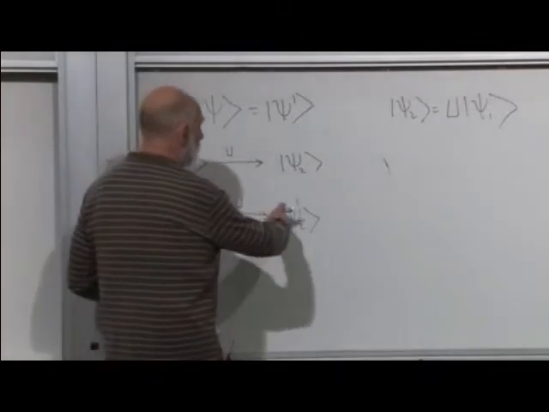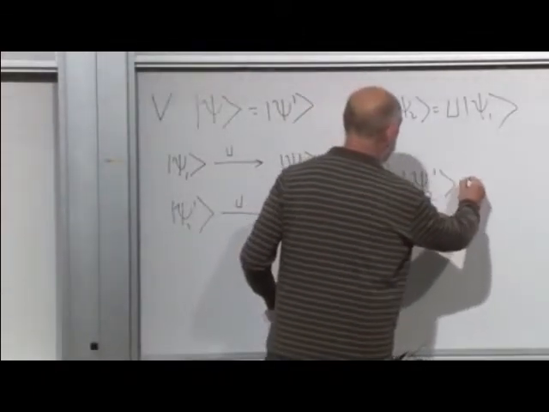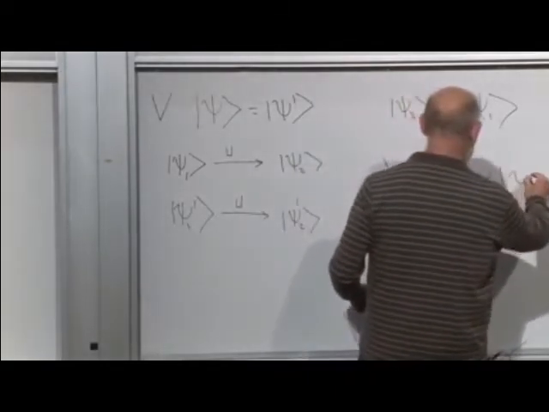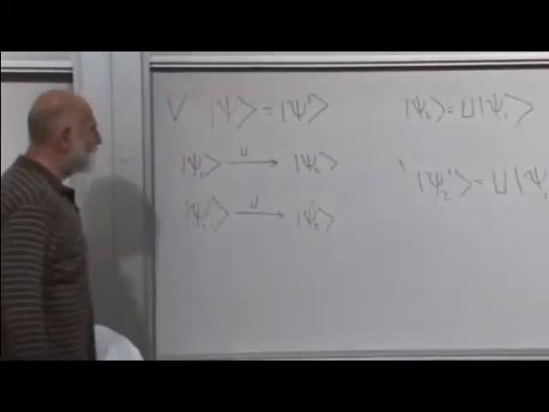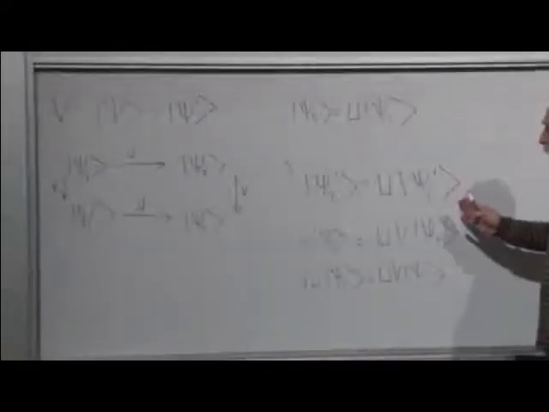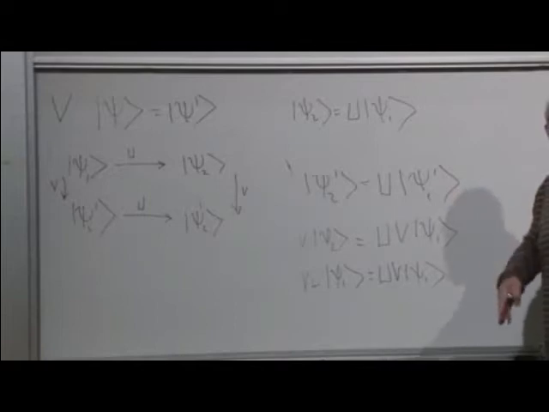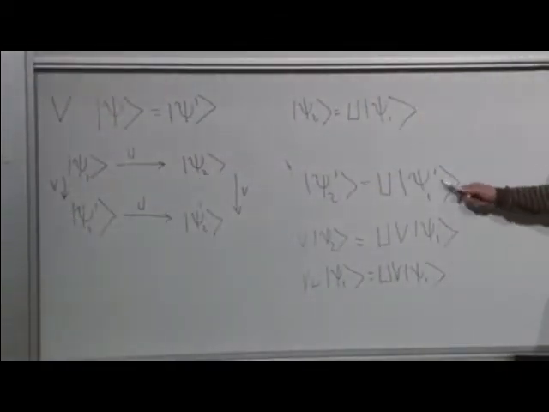It says that psi2 prime is equal to u times psi1 prime. To go from 1 to 2 is time evolution. To go from unprimed to prime is v, the symmetry operation. All right, so psi1 prime is v times psi1.